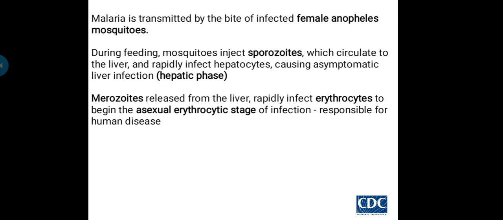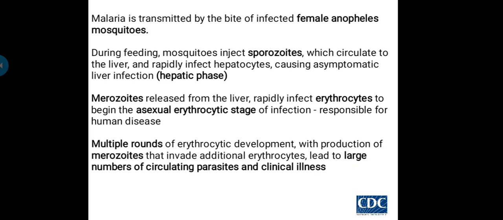Merozoites released from the liver rapidly infect erythrocytes, the RBCs, and begin the asexual erythrocytic stage of the infection, and this is responsible for the human disease. Infected RBCs also release merozoites to attack further RBCs. That means the release of merozoites is responsible for the development of fever with chill and rigor.